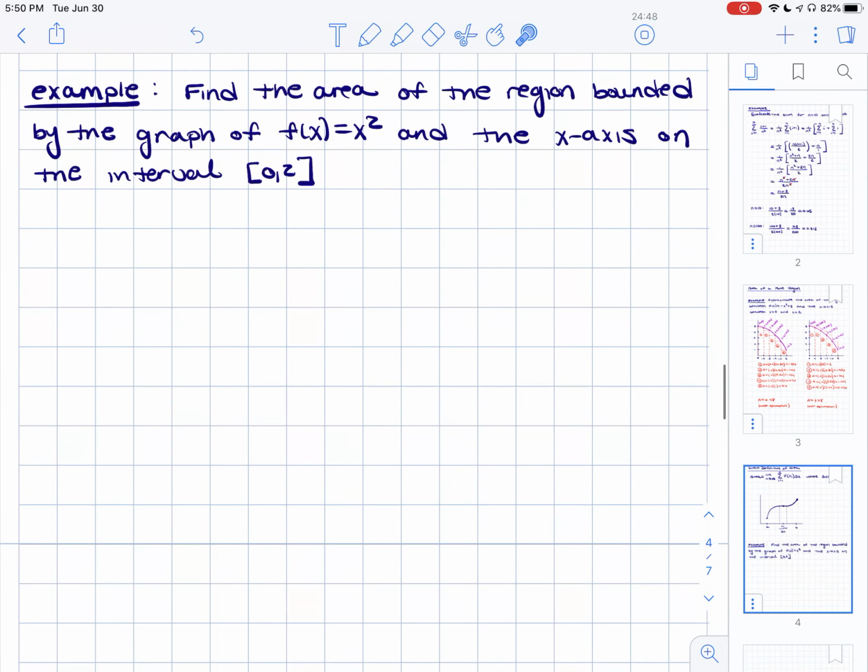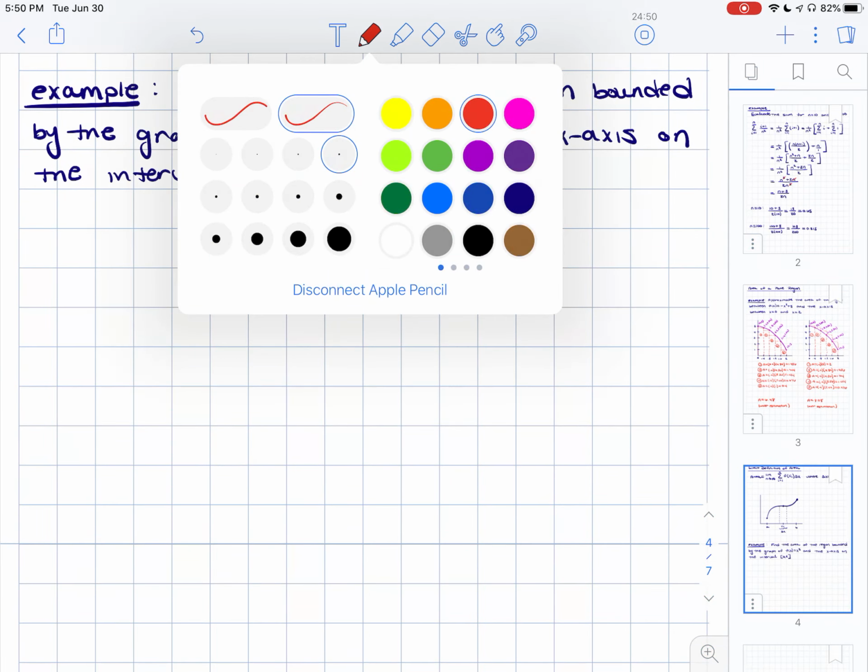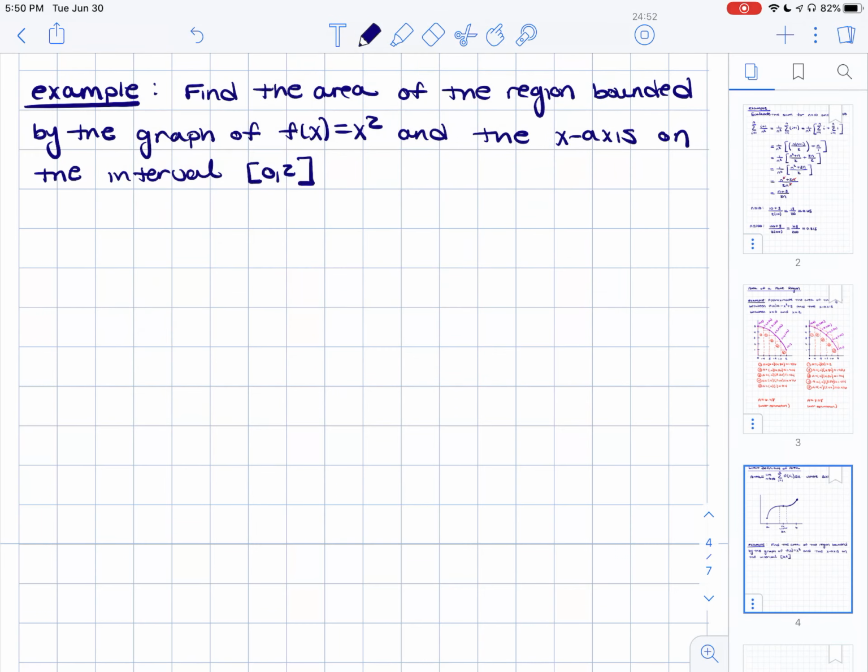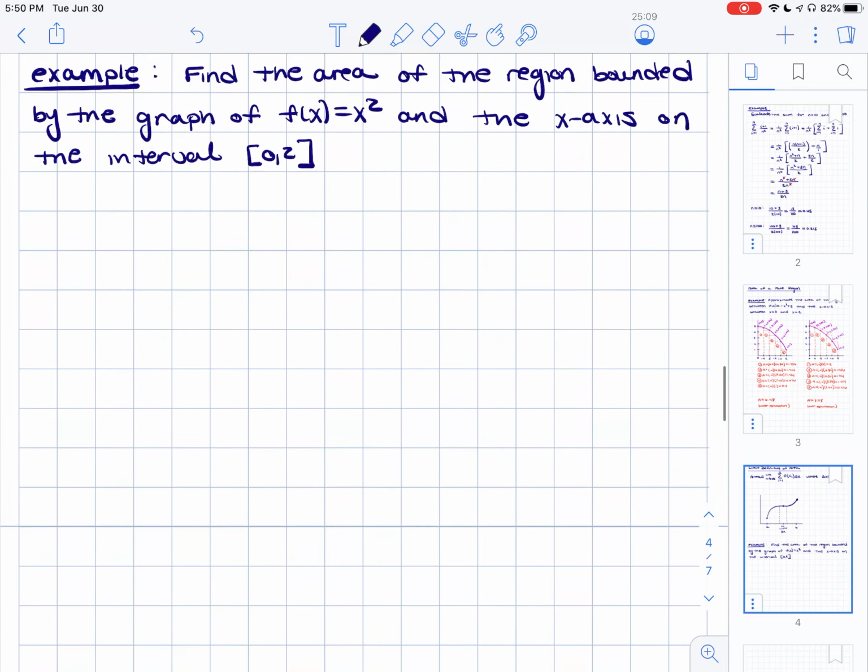All right, so our first one here, we're going to find the area of the region bounded by the graph of f of x equals x squared and the x-axis on the interval from 0 to 2. Instead of sketching it out and doing an approximation this time, we're going to use the limit definition.